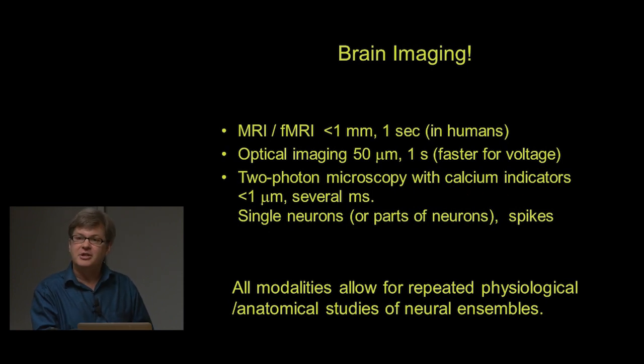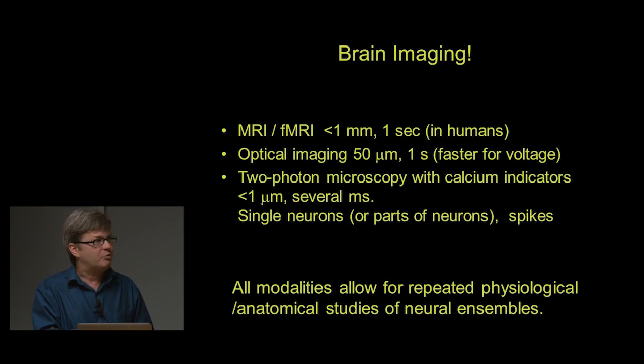What does this give you? It gives us another factor of 50 or better resolution. So we went from 1 millimeter to 50 micrometers, now to less than 1 micrometer, so less than 1/10 of the size of a neuron. So the resolution is good enough to look at individual neurons. And the resolution in time is several ms, which means milliseconds.